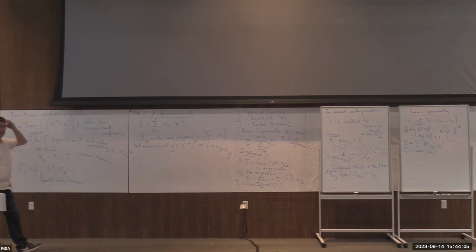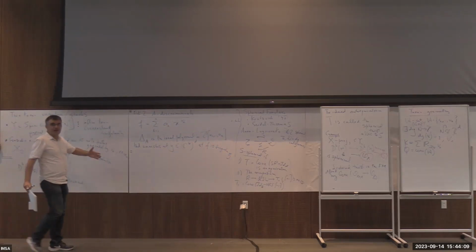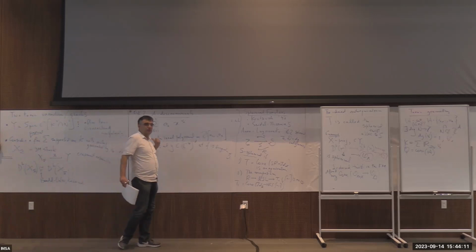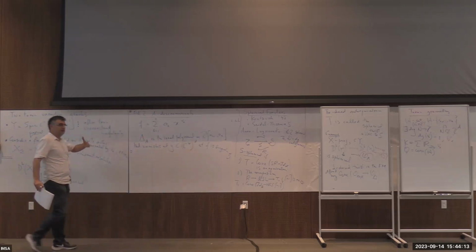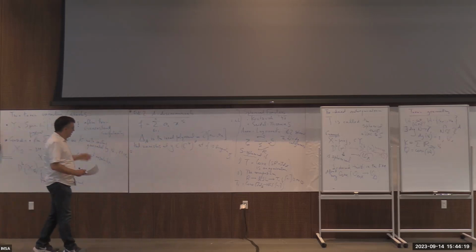So this discriminant is going to capture exactly the discriminant that I was talking about in the beginning as sort of living in the base of this categorical fibration.